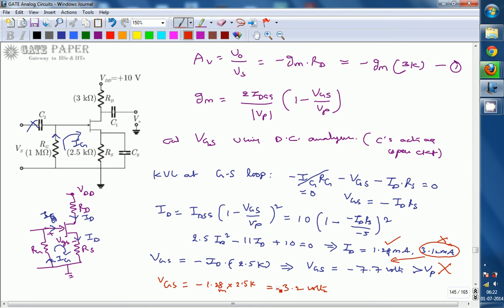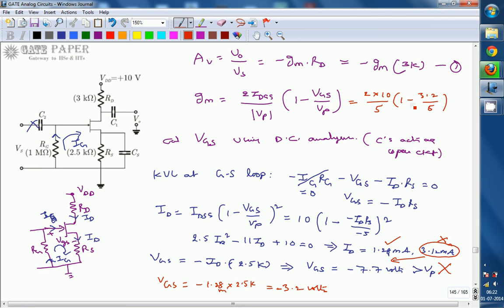Now substitute in gm. gm is equal to 2 IDSS by VP. 2 into IDSS, which is 10, divided by 5. We are considering only magnitude, so we are not writing it as minus 5. It will be 5 into 1 minus 3.2 divided by 5. 3.2 by 5 gives 1.8 by 5.